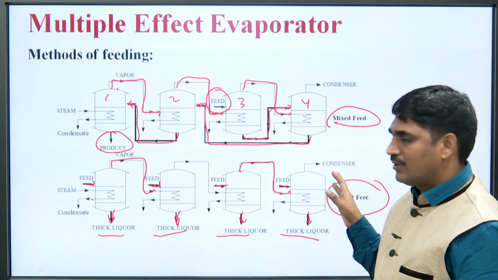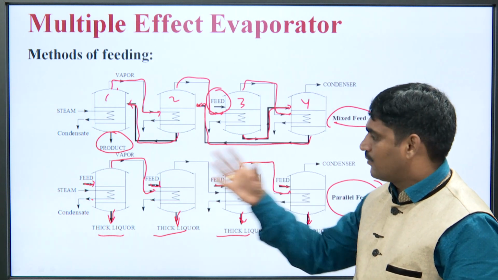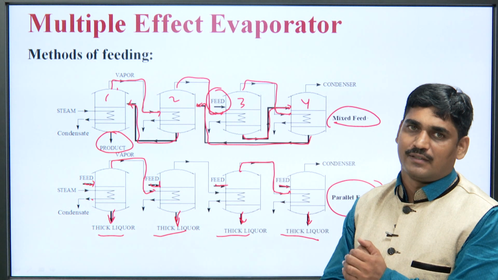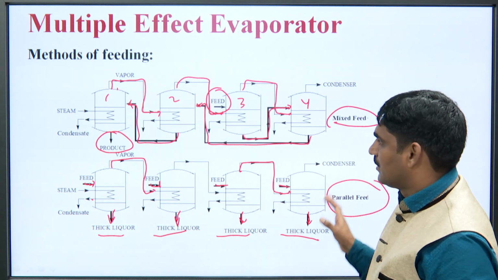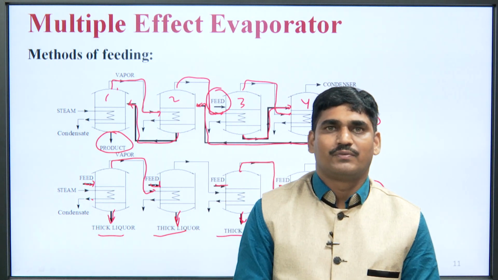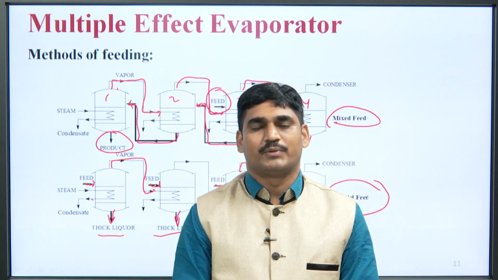Here, in each evaporator dilute liquid is fed, and from each evaporator the product is collected as a thick liquor. So, this is all about the different methods of feeding liquid into the evaporator.